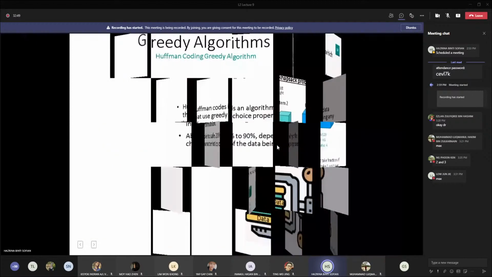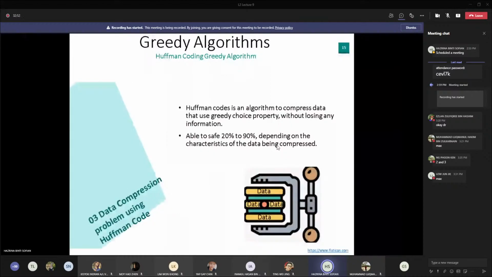Next is the third problem, which is called Huffman coding. With Huffman coding, the purpose is to compress data. So we have a lot of data that we want to compress without losing any information.